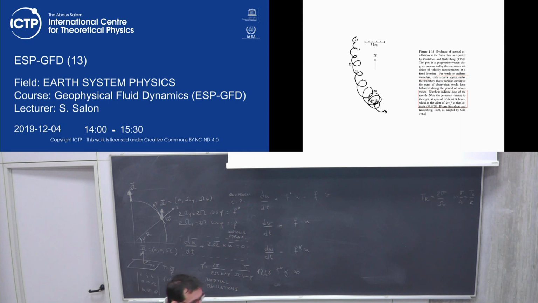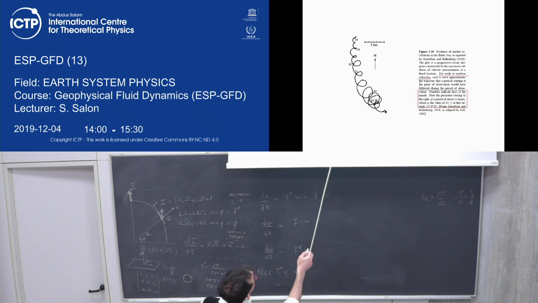Okay, so if you have no wind, no major current, nothing, you can take for weak or uniform velocity this curve to approximate the trajectory that a particle starting at the point of observation would have followed during the period of observation.